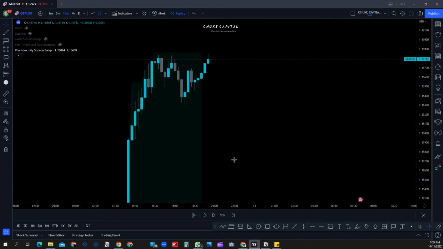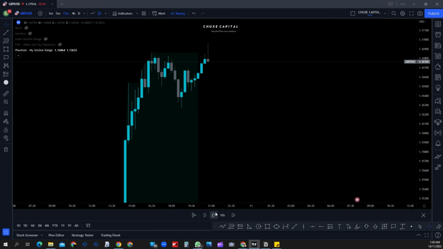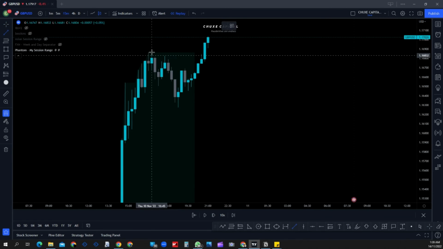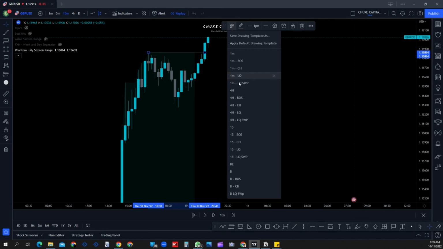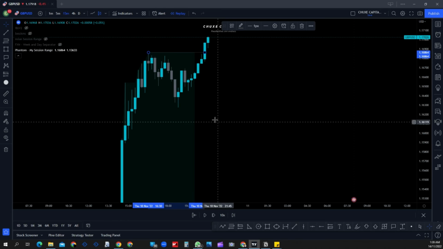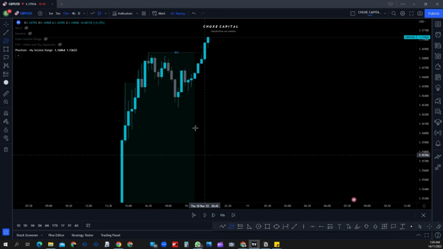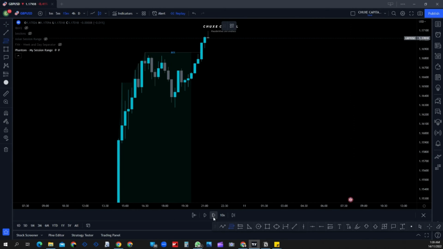So we have this right here, 15-minute BOS. Waiting for the pullback to happen.